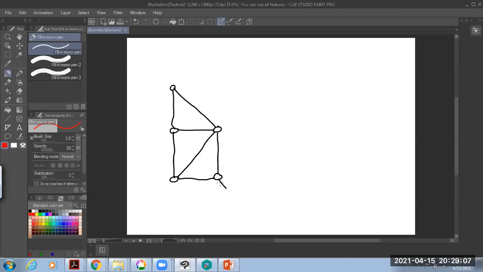This is a roller support, and here is a hinged support.